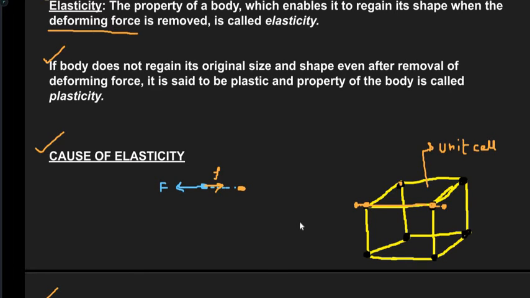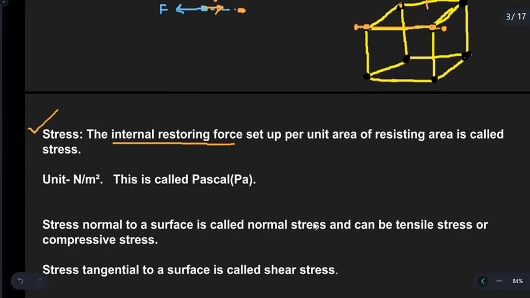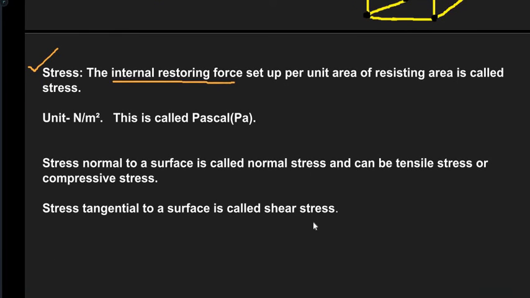This force is called restoring force, and as this whole thing is happening internally inside the body, this is called internal restoring force. Okay, why restoring force? As it is helping the body to restore its original and previous position, shape and size back. So I guess it's very much clear to you what internal restoring force is.